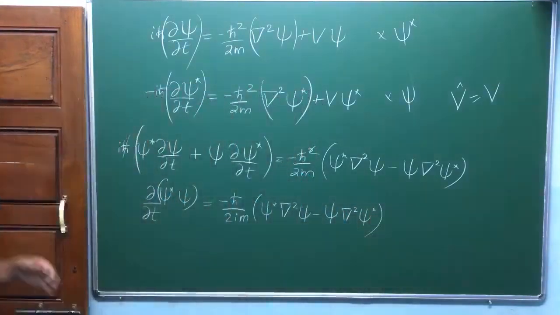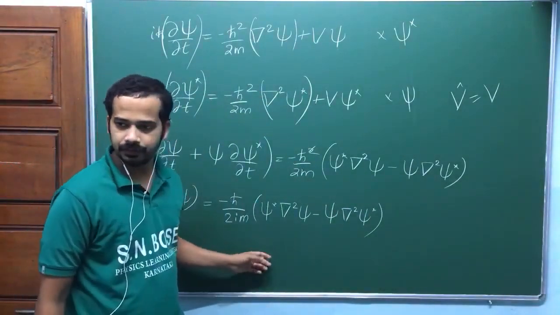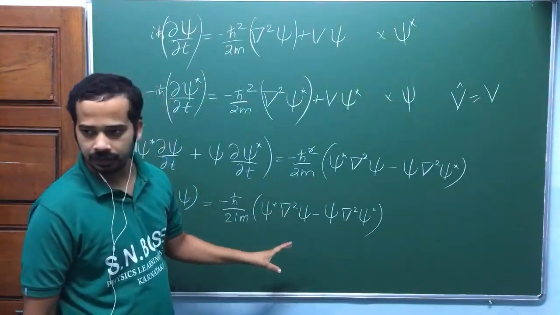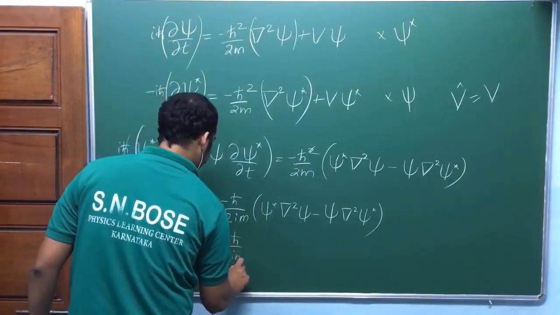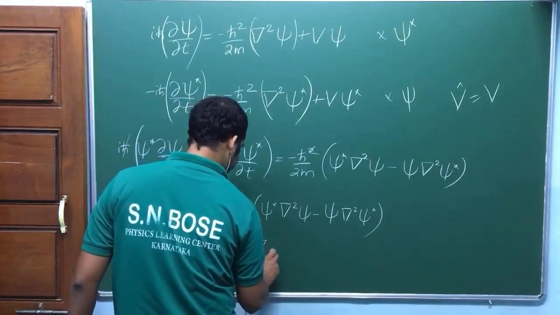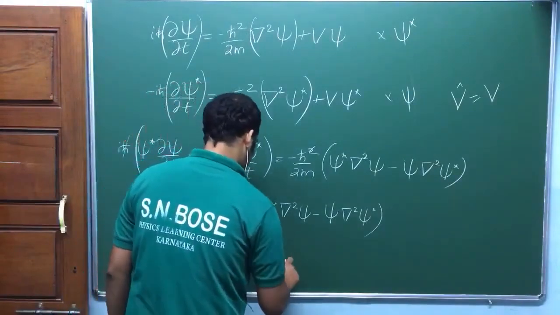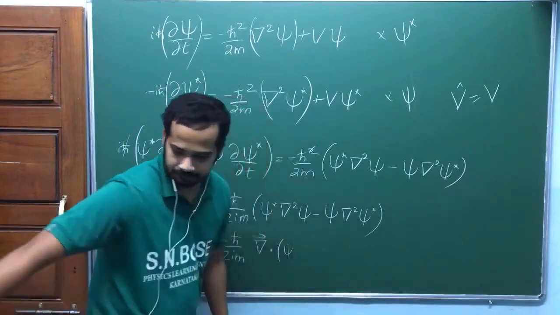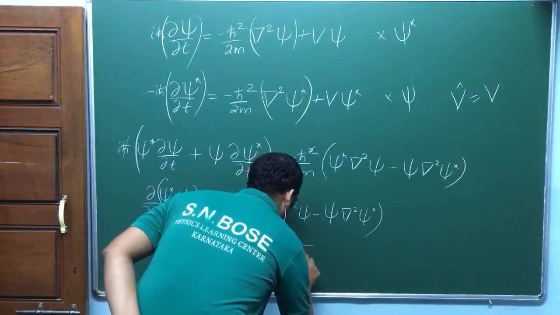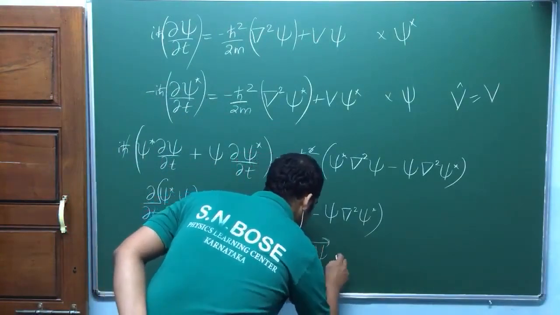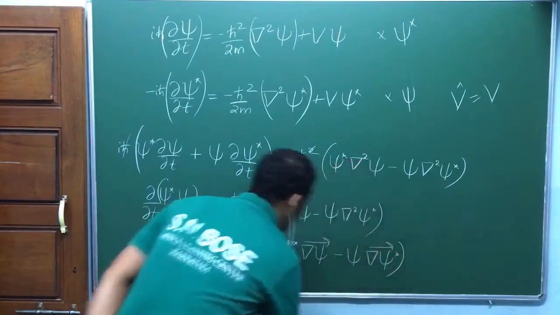Now here comes one vector calculus theorem, which we will look into in the electrodynamics part, because I am dealing with 3 dimensions, the Laplacian. It is minus h bar by 2im del dot, the divergence of one quantity, psi star gradient of psi minus psi gradient of psi star, in bracket.